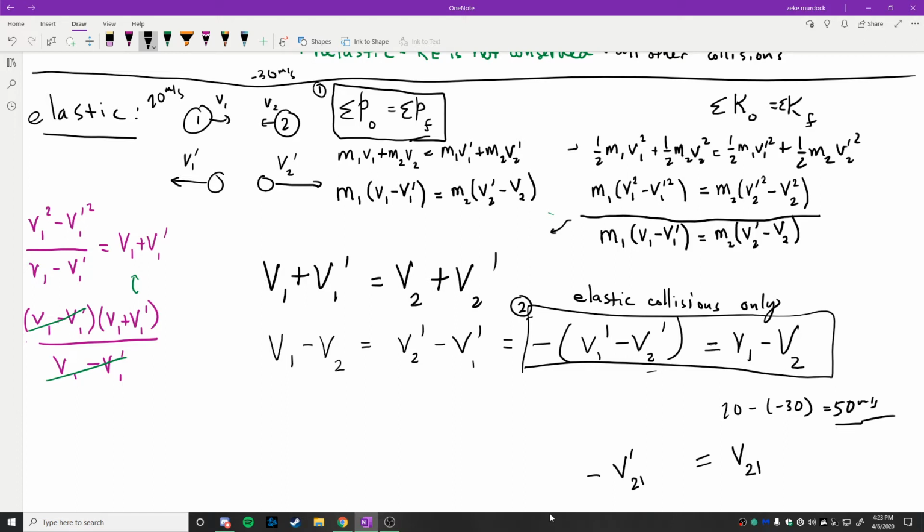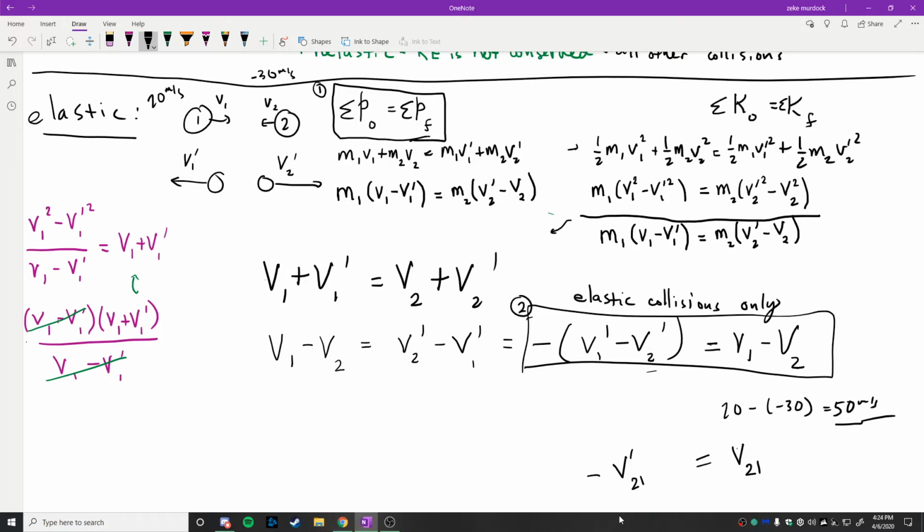So what this says is the velocity of ball 2 as viewed by ball 1 before the collision is equal to the negative of the velocity of ball 2 with respect to ball 1 after the collision. Does that make sense? The relative velocity before is equal to the relative velocity after, but they're opposite in signs. That's kind of an interesting statement about what happens in these kind of collisions.